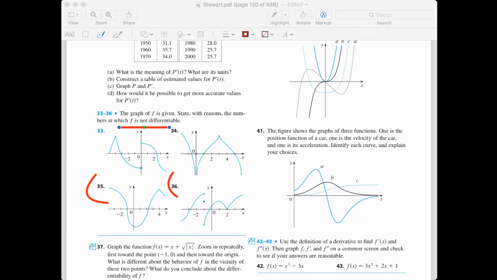Okay, do I get volunteers for showing 35 and 36? Okay. I'm sorry, I don't know how to pronounce your name right.